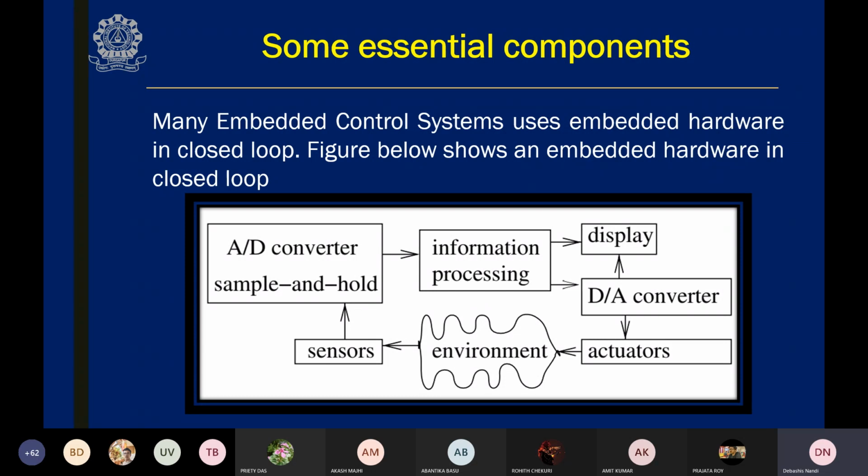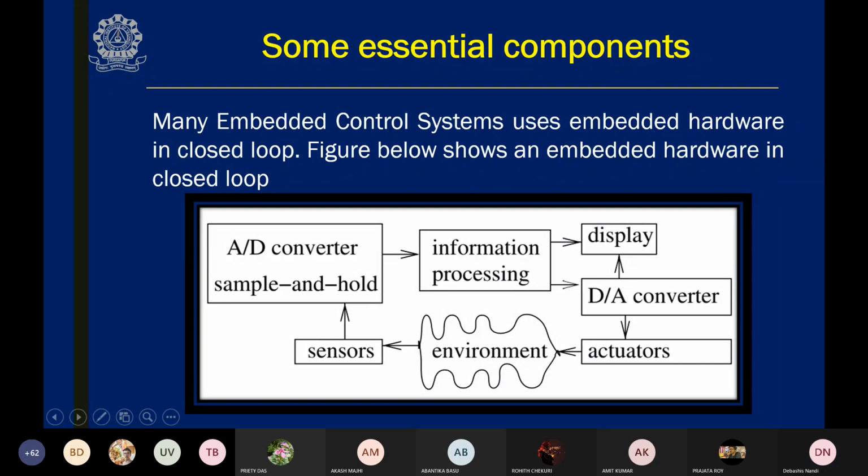Here in this embedded system, this is the environment. This is a closed loop system. This environment can be sensed by the sensor. I will discuss different types of sensors which can sense the environment.